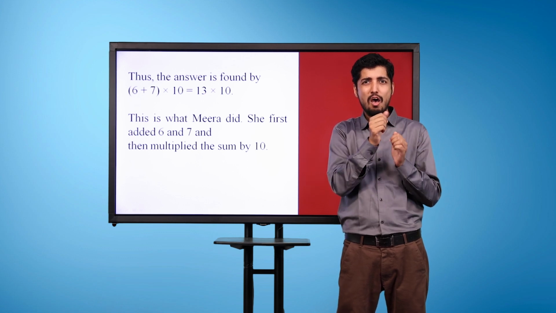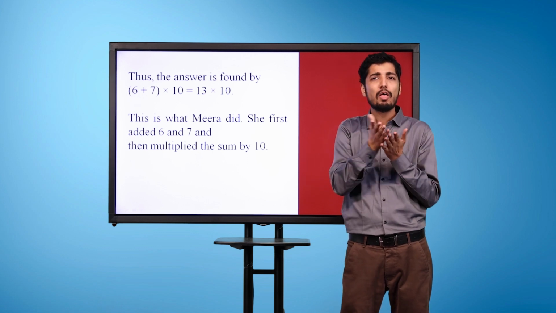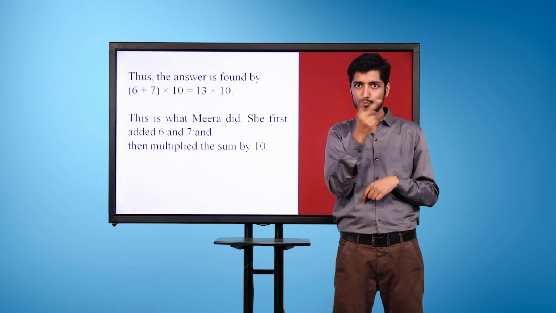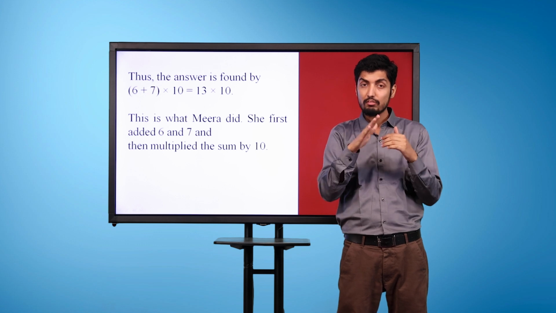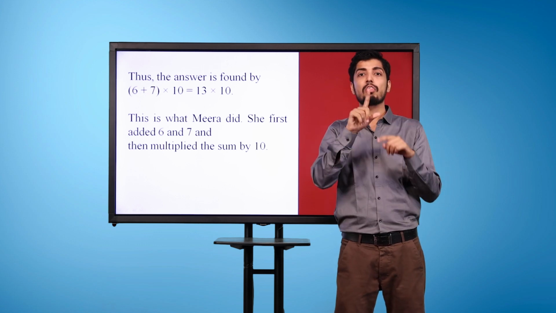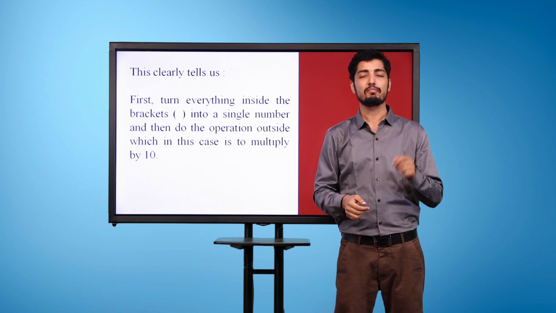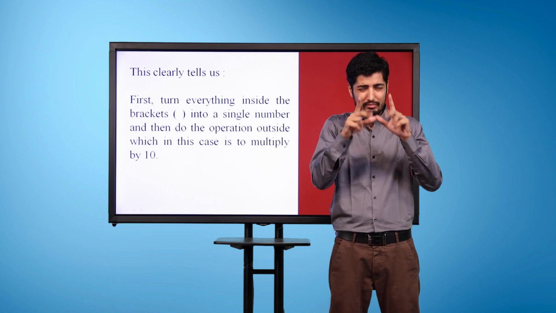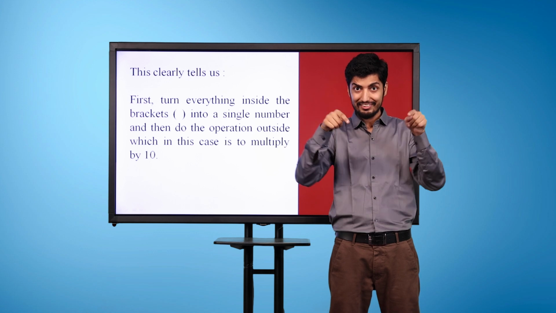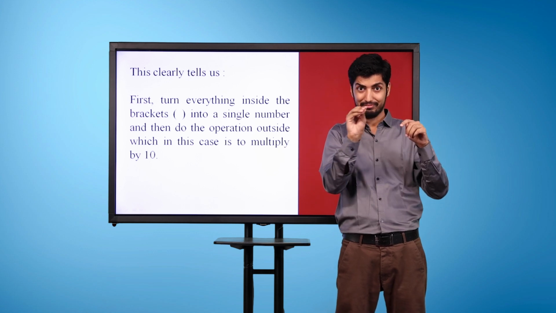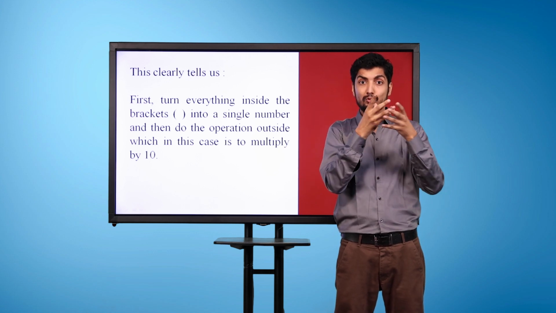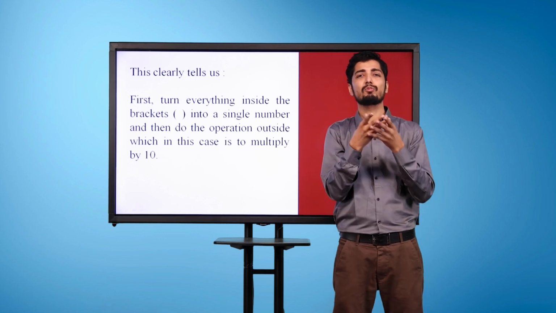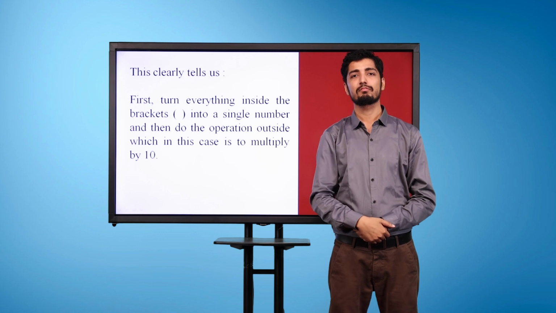She first added 6 and 7 and then multiplied the sum by 10. This clearly tells us, first, turn everything inside the brackets into a single number and then do the operation outside, which in this case is to multiply by 10.